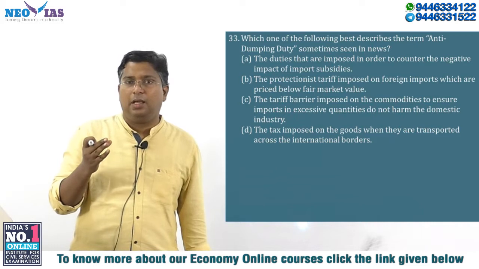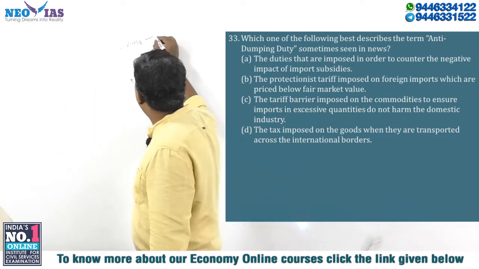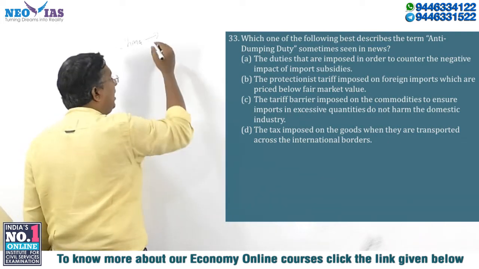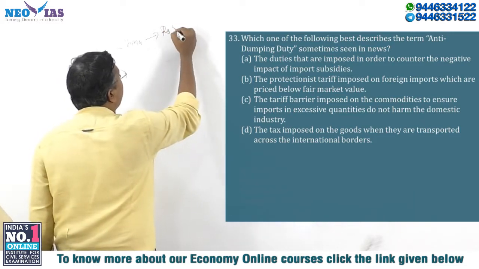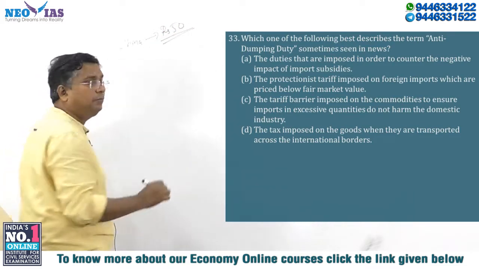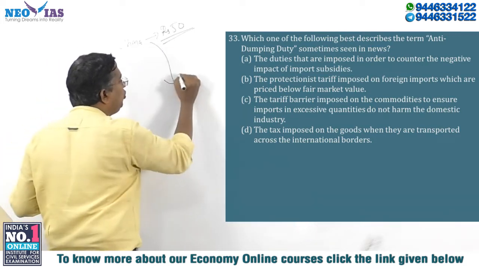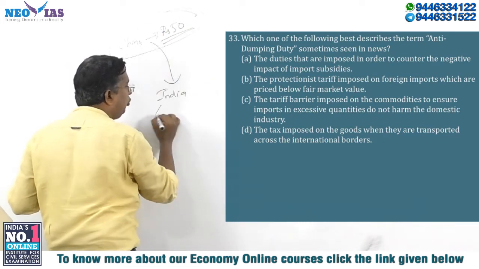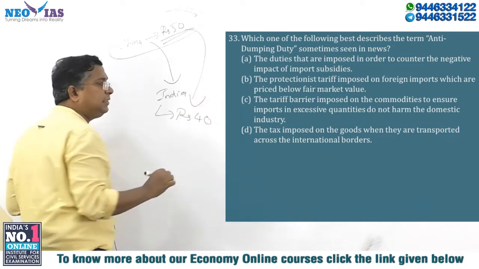Dumping means, for example, in China, the price of the product, I am quoting in Indian rupees for you to understand, if in China the price of the product in Indian rupees is 50, but they are exporting the same product to India for rupees 40, this is actually what is called dumping.